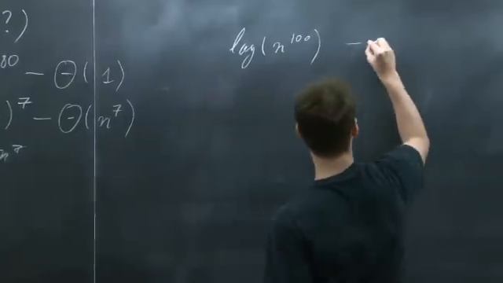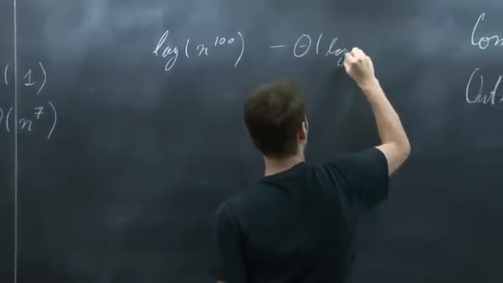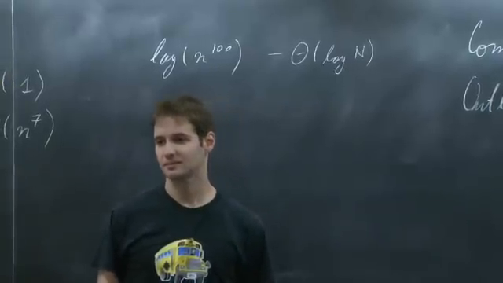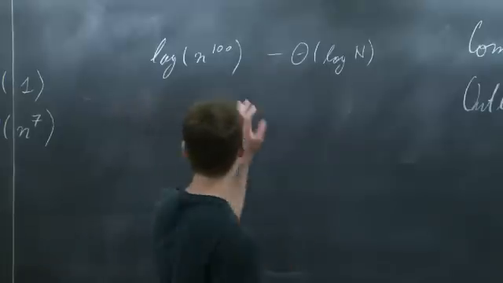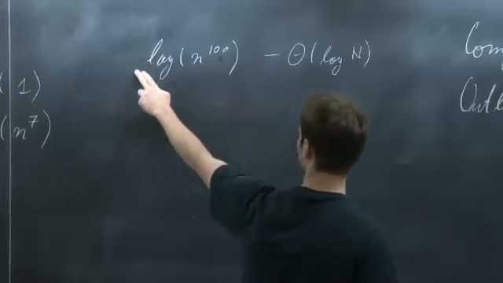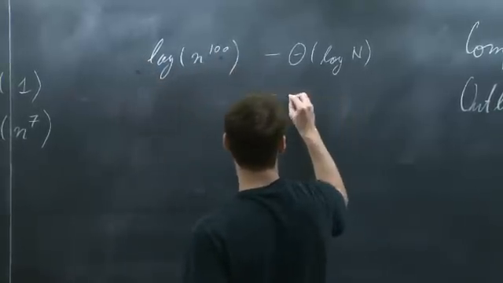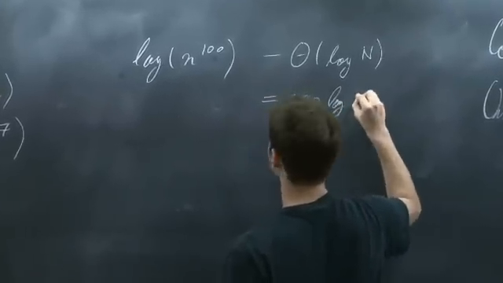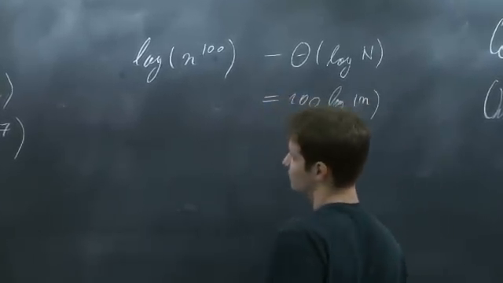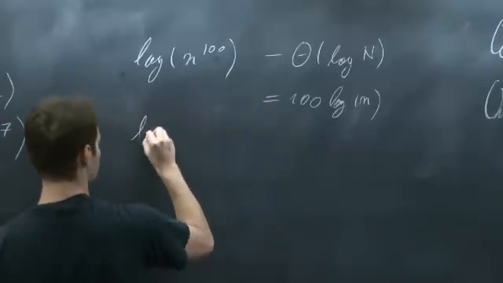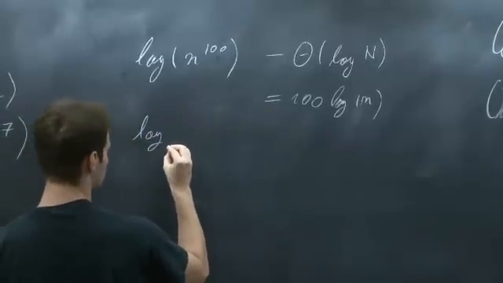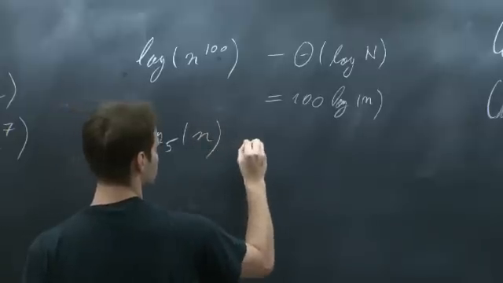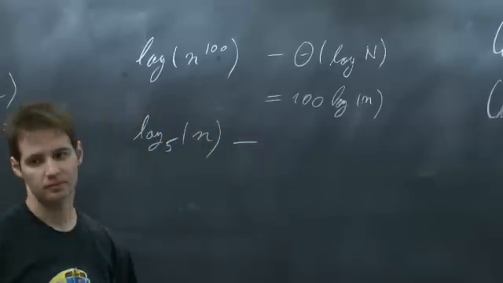Okay, excellent. Why is that the case? Okay, so when I have an exponent here, I can pull it out in front of the log as a constant factor. So this is the same thing as 100 log n. Okay, now if I have a logarithm using base 5 of n, how about this?